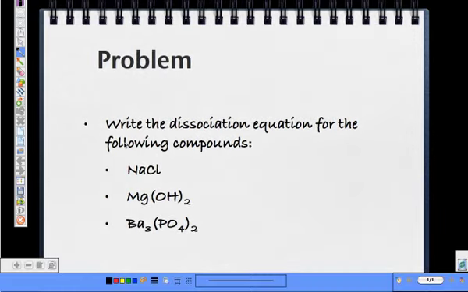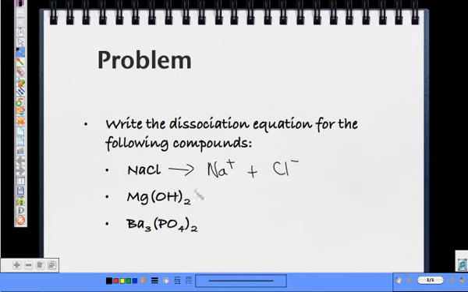So NaCl breaks into its ions, and what are the ions that make up NaCl? Na plus, and what? Cl minus. So that would be your dissociation equation. So NaCl yields Na plus and Cl minus.